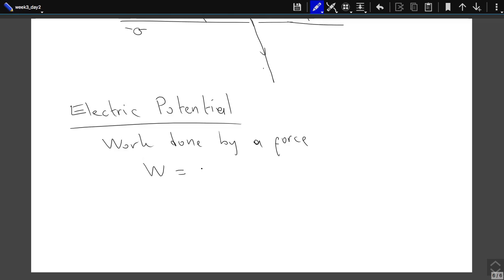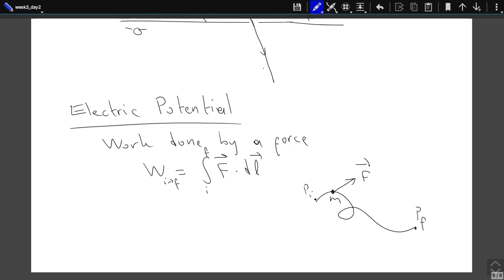We had this general expression that was the integral of F dot dl from the initial point to the final point. So you have this object moving around along a path. You start from the initial point, it goes to the final point. It might have some mass m. There is a force F acting on it.